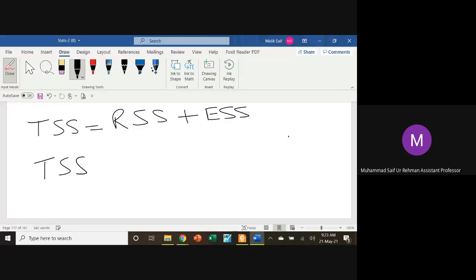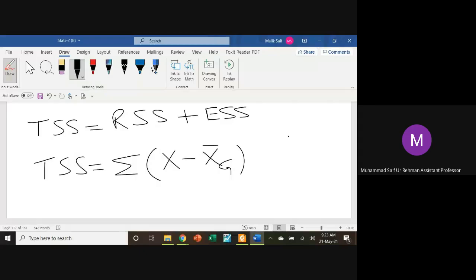TSS, total sum of squares. For this, you have to write down the values that are there: x minus x g bar. So what is this? X are the values that are there in the question, the data values.